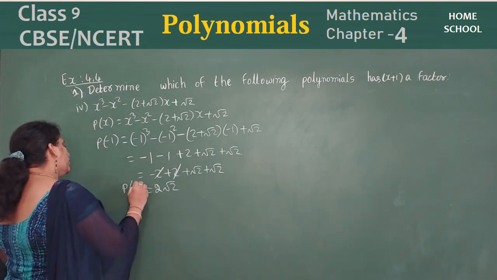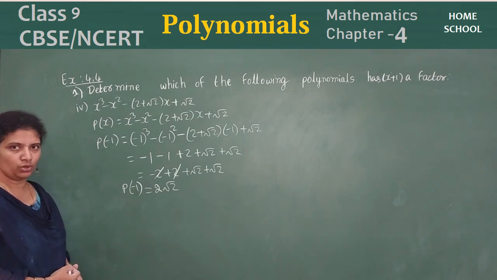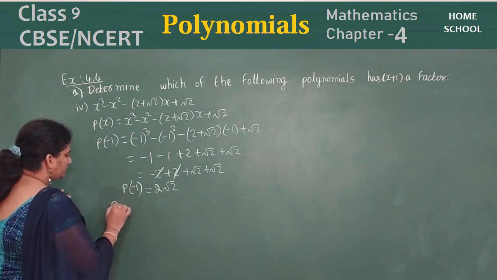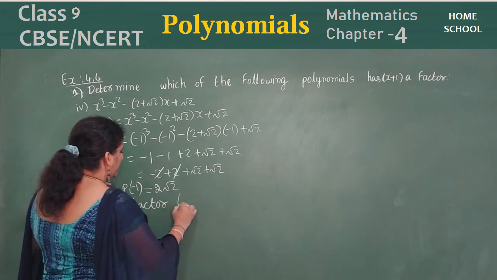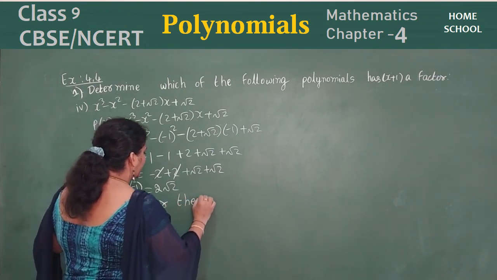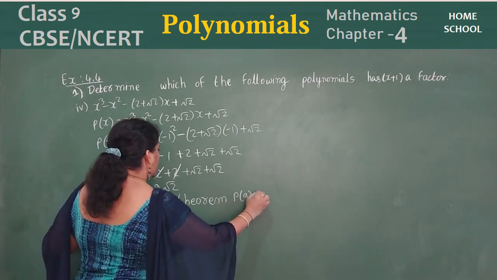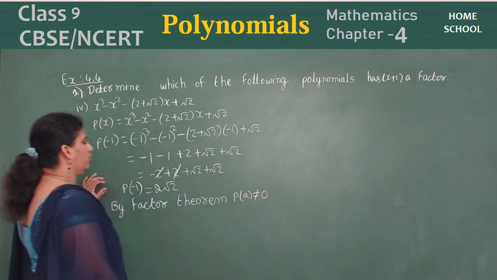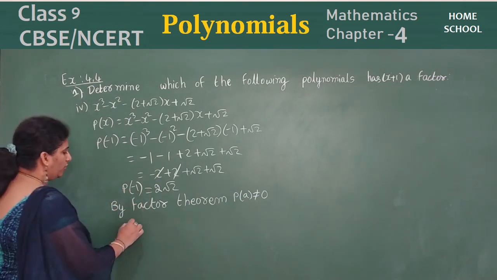So finally what you can say here? Is this equal to 0? No. Therefore, by factor theorem, P of A is not equal to 0. P of A means P of minus 1 is not equal to 0.